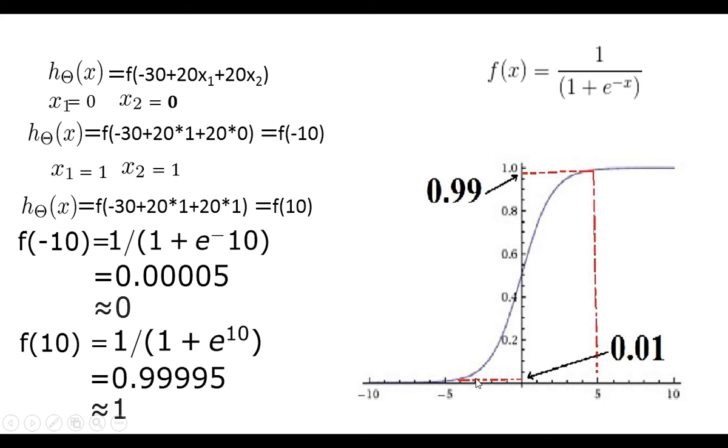And if the value is below minus 4 or 5, we get the limiting value 0. So see, if x1 is 0 and x2 is 0, then our hypothesis is f of minus 30, and f of minus 30 is approximately 0. And if our input x1 is 1 and x2 is 1, then we get f of 10, and f of 10 is 1. So it's clear from our function's graph.